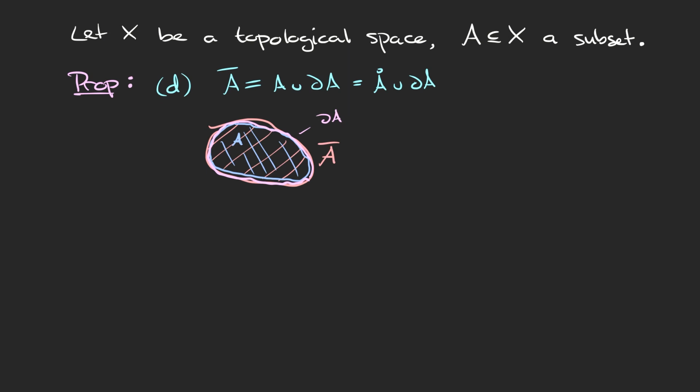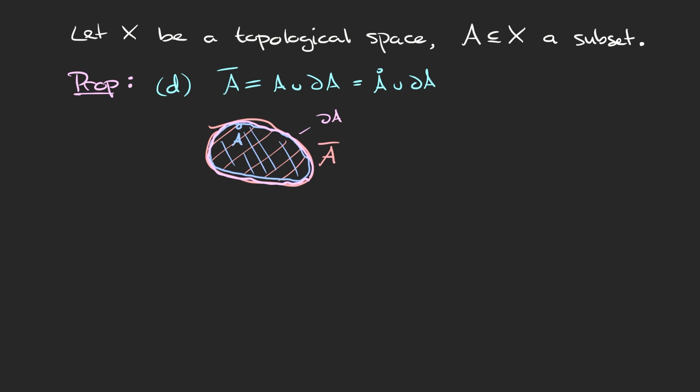So it's saying that A union with its boundary is the same thing as the closure of A. Or instead of taking A unioned with the boundary, we could actually just take the interior of A unioned with the boundary. And that's also equal to the closure of A.